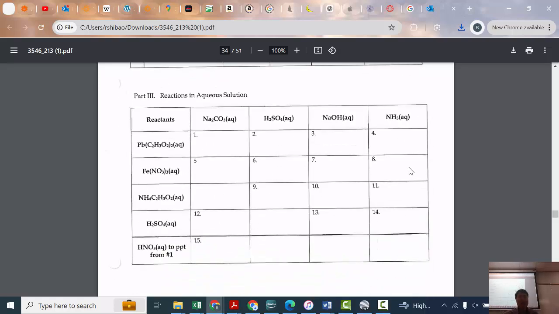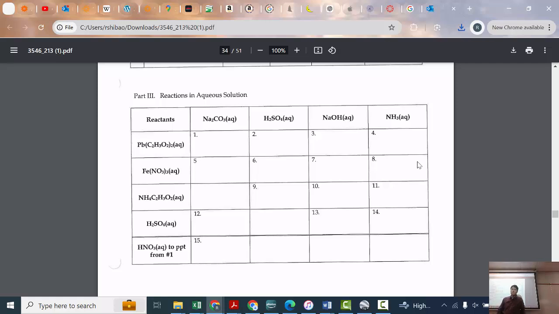We're going to do the second part as a demo experiment. These are all double replacement metathesis style reactions. In the second part, we'll take some lead-2 acetate and mix it with sodium carbonate.